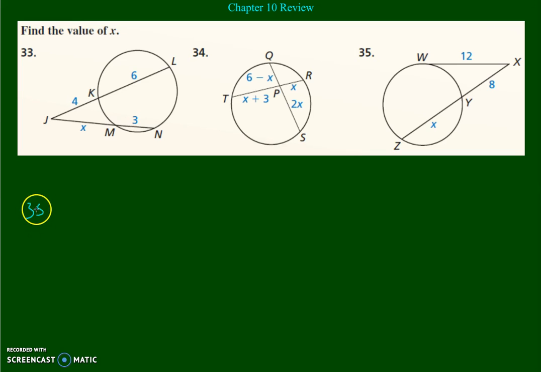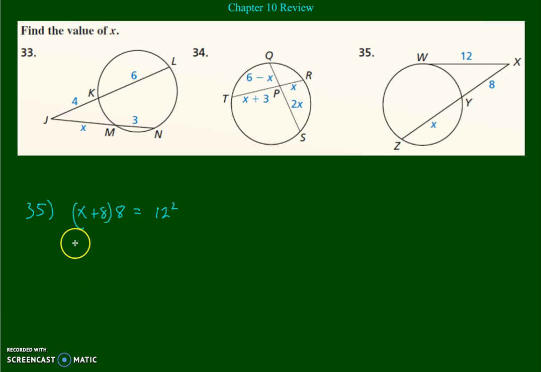For 35, we have the entire secant segment, which is x plus 8, times its external segment, which is 8, equals the square of the tangent segment, 12 squared.